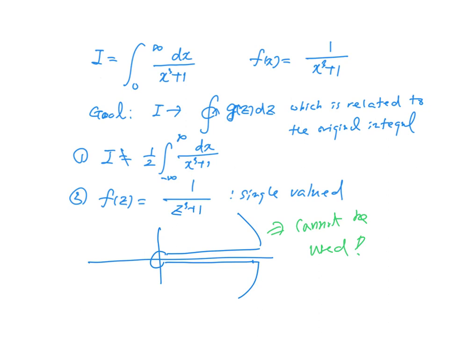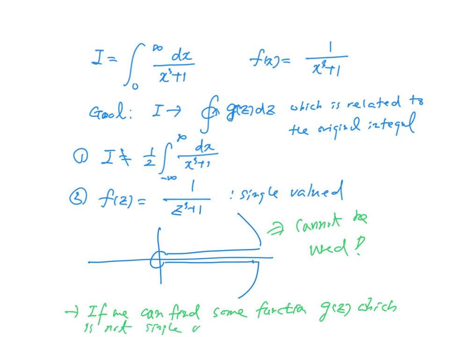But at least this idea is very intriguing because a contour like this allows lower bound 0 to infinite, right? So is there any function? The goal is to find some function g(z) which is not single valued and use the above contour.